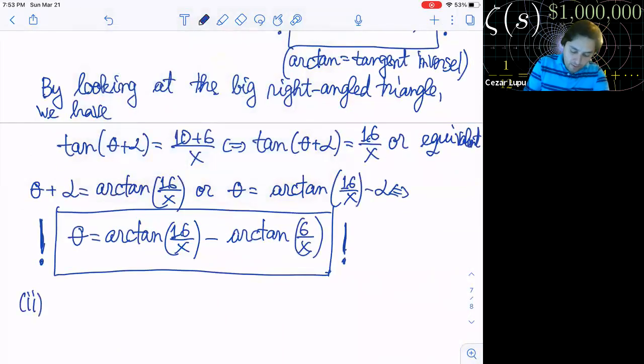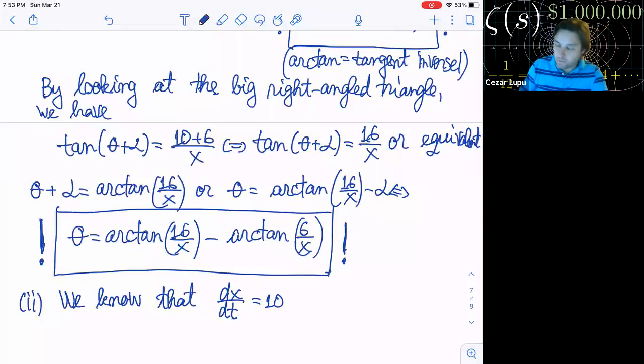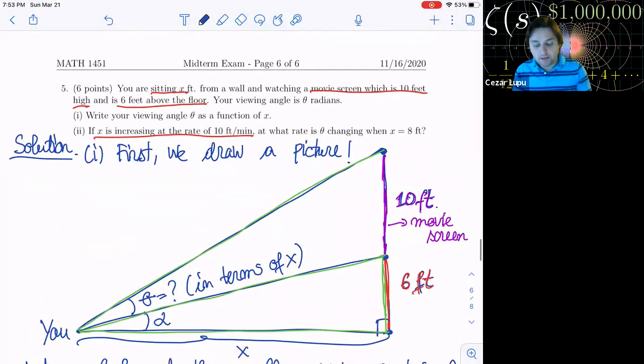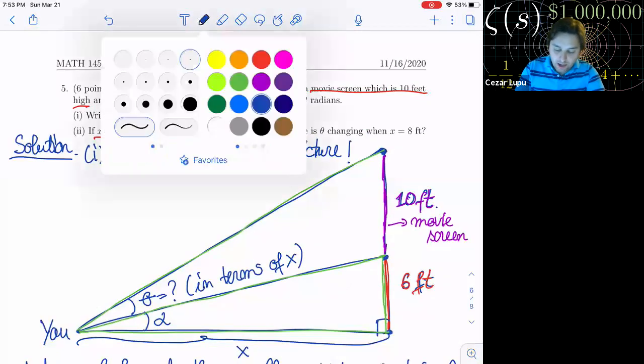So the second one here, we know that dx over dt is 10, right? And we need to find, let's see, what do we need to find? Let's analyze. We need to find at what rate theta is changing.